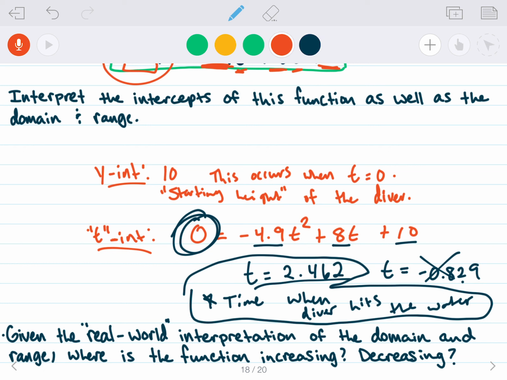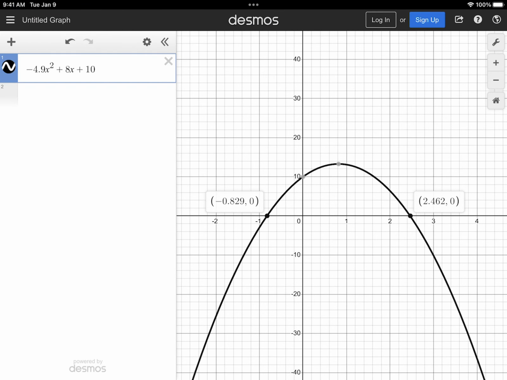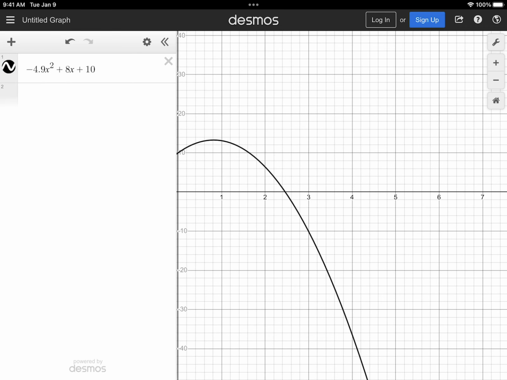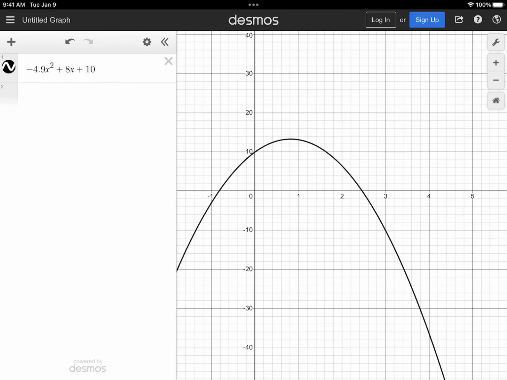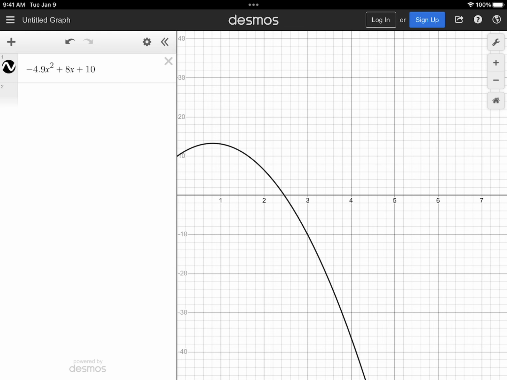So in terms of the real world domain and range, let's say that I'm thinking of this as just a strictly real world problem. And I want to know how far to the left does this thing go to how far to the right. Well, if we're thinking real world, then we're going to cut off everything where time is negative, right? We're going to cut off all of that. So the domain is going to start at t equals 0 because that's what makes sense in the real world.